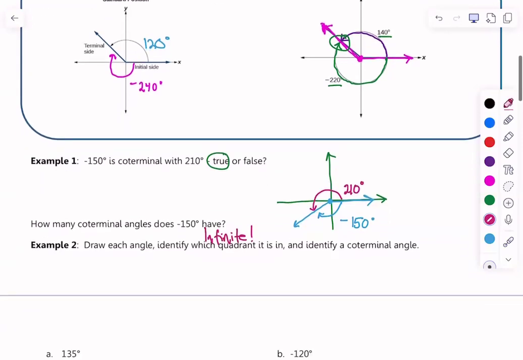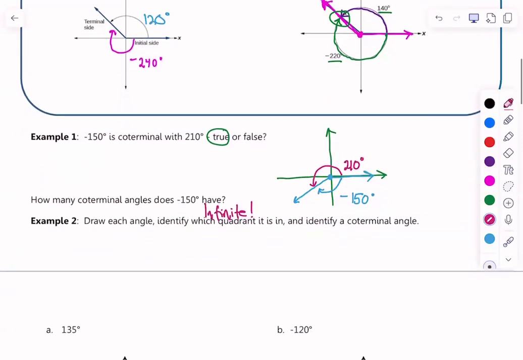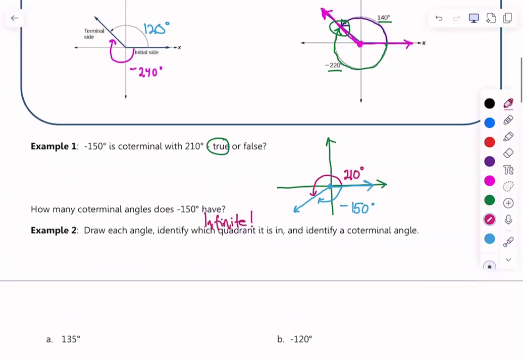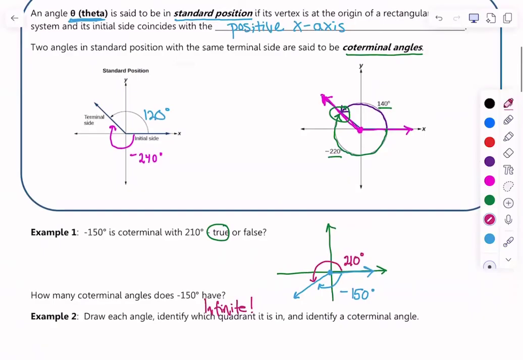All right, example two says draw each angle, identify which quadrant it's in, and identify a coterminal angle. Let's refresh our memory real quick. This is quadrant one, quadrant two, quadrant three, and quadrant four. It is nice using Roman numerals. It's just best practice.